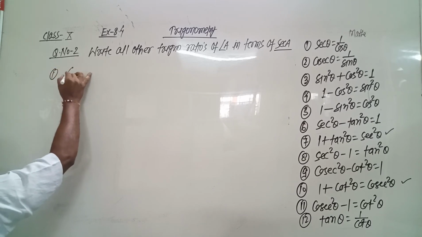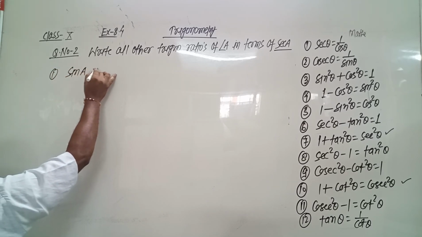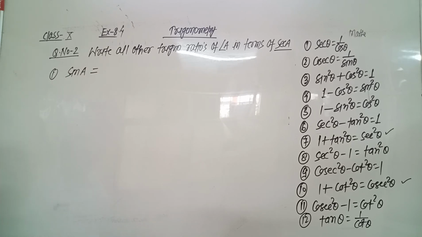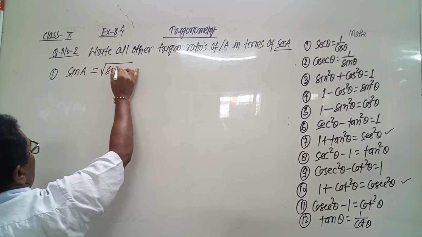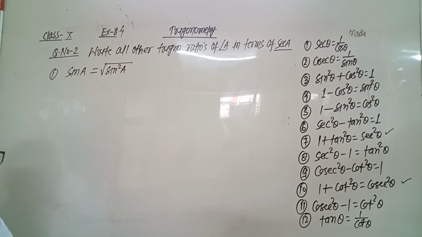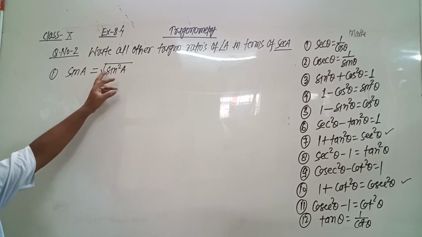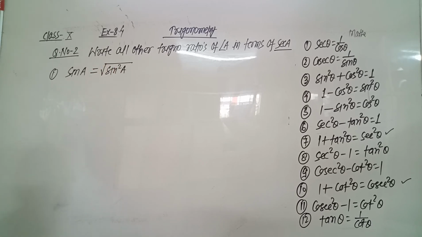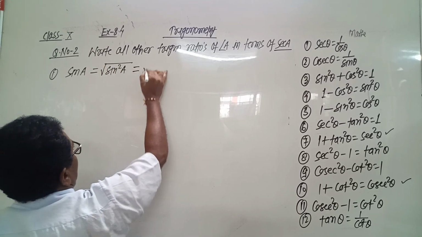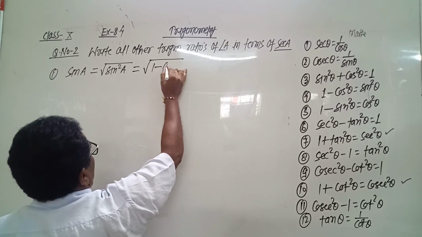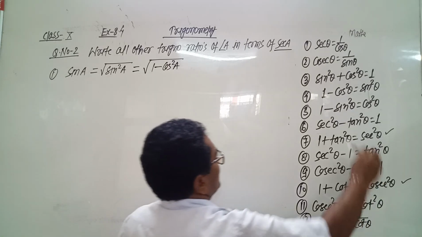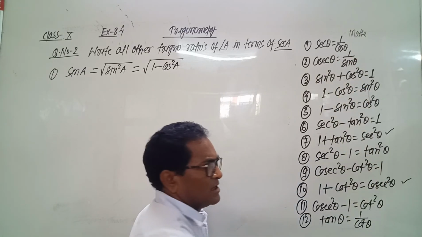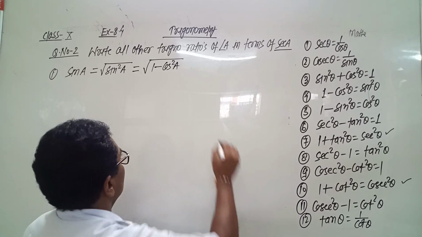So start from sin A. Sin A is written as root of sin square A, because square and square root get cancelled. Sin square A is written as 1 minus cos square A, and sec theta is 1 by cos theta, then cos theta will be 1 by sec theta.